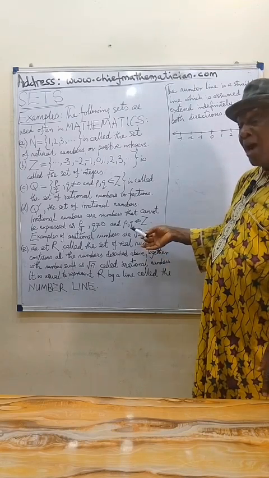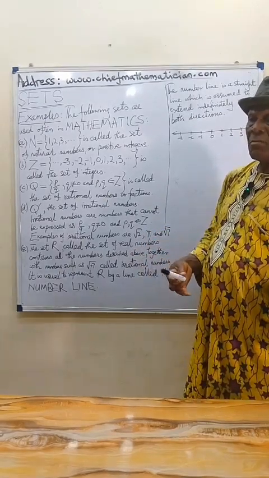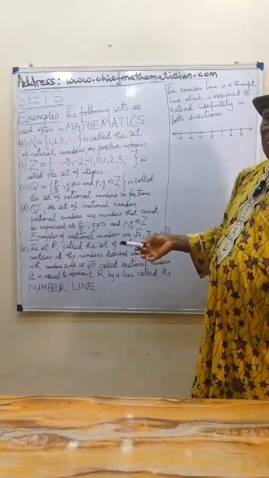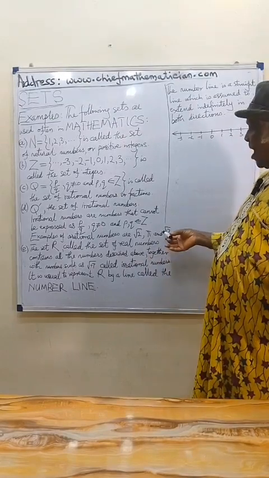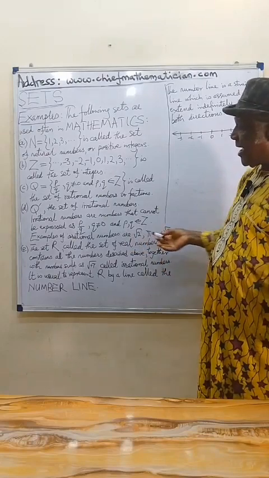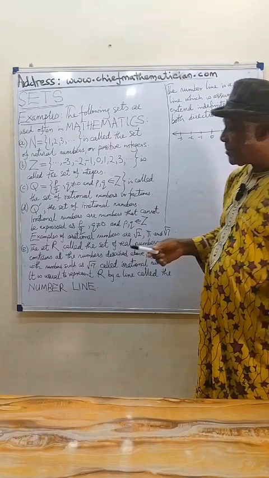You can see that square root of 2 is not an exact figure. It's approximated. Pi is equally approximated. It's not exact. Square root of 7, approximated. So these are examples of irrational numbers.